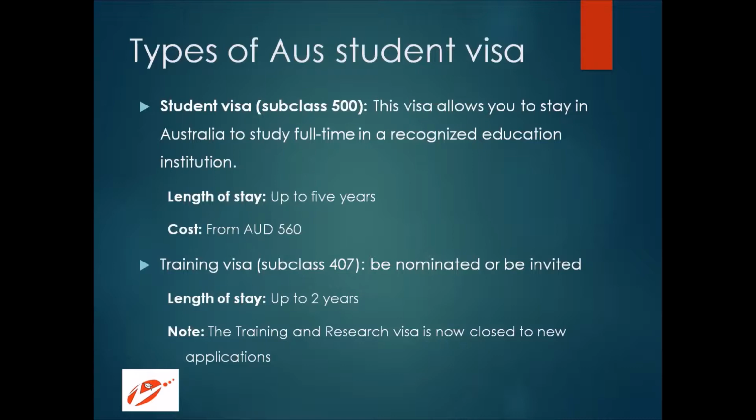A training visa can be issued only if you are nominated or invited for some kind of training or research. The validity of this visa is up to 2 years. However, the training and research visa is now closed to new applications. If you already have the visa with you, then you can definitely continue with your training and research.